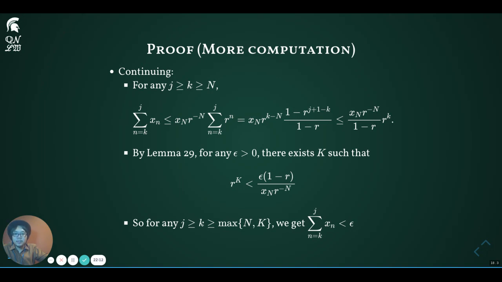And this shows that the series has the Cauchy property and hence converges. And this ends the proof. It may be a good idea to take a few minutes to make sure you understand all the algebra that is involved here, specifically all the steps that were not shown on the screen.